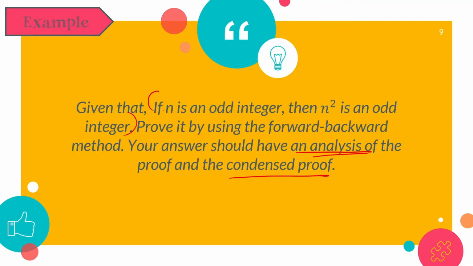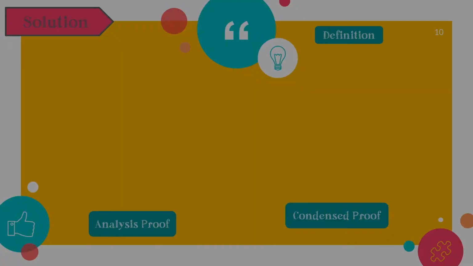So this is the question: if n is an odd integer, then n square is an odd integer. So basically it is in the form of implication, A implies B. After if and before then is the hypothesis, and after then is the conclusion. So remember that you need to use the forward-backward method and you need to write the analysis and condensed proof. Okay, next.